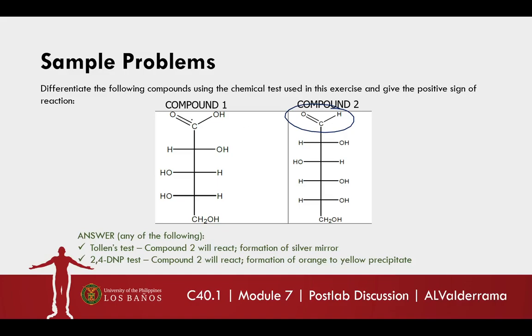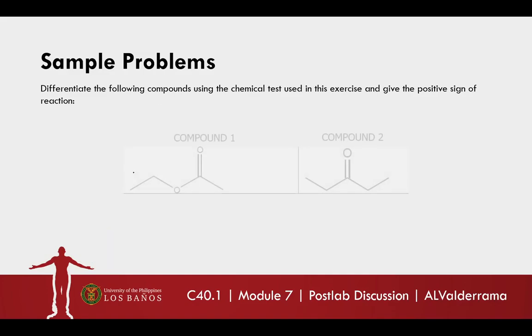Ito kasi ay carboxylic acid. Okay? Ito ay aldehyde. So, 2,4-DNP test is a general test for carbonyl groups.